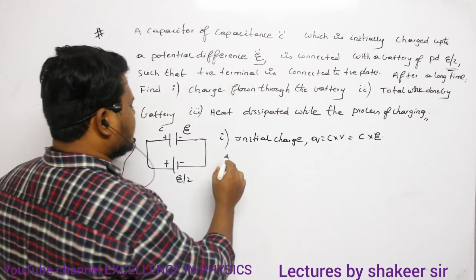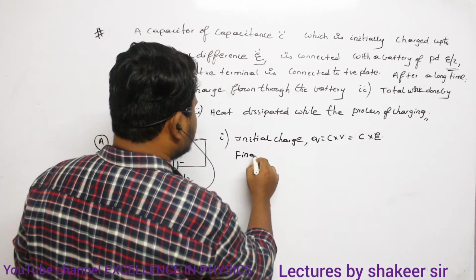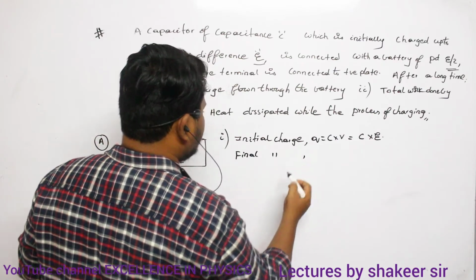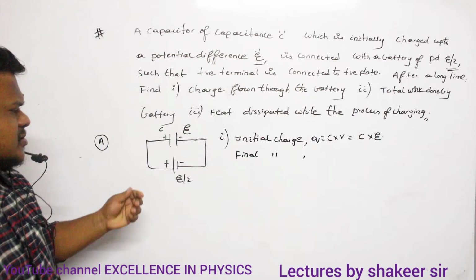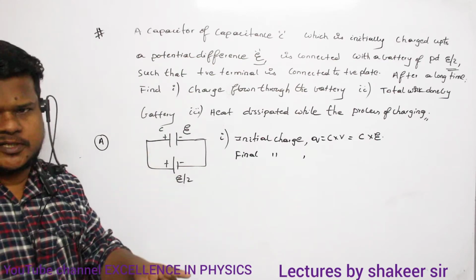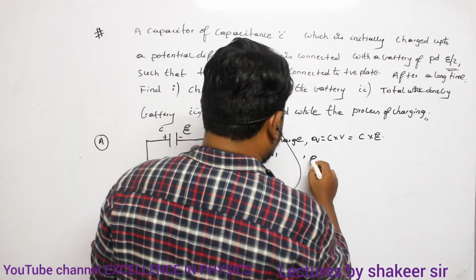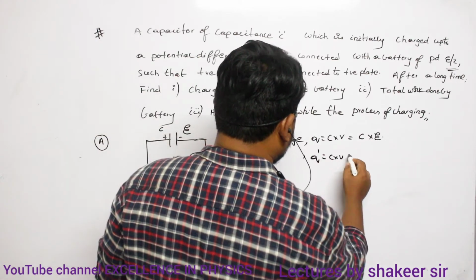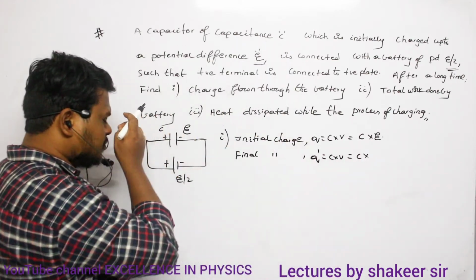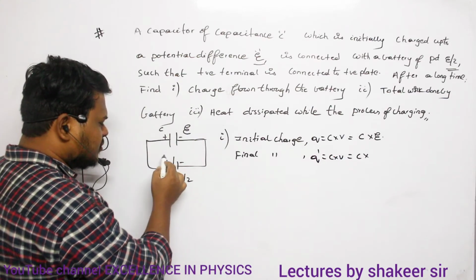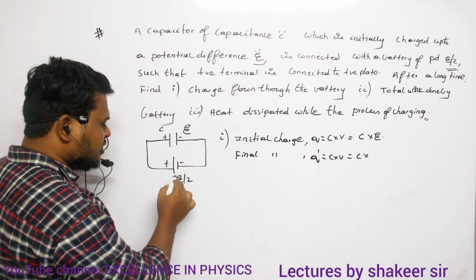Clear? Then final charge will be how much? What is meant by final charge? It is the charge present on this capacitor after connection. After connection, how much charge will be present? That is given by Q dash equals C into V. Capacitance is C. But what is the potential difference of this battery? Potential difference of this battery is only E by 2.